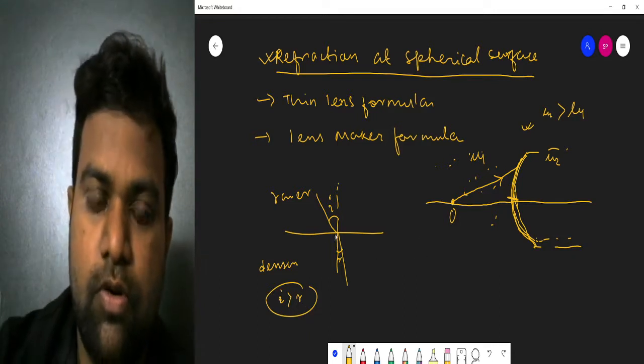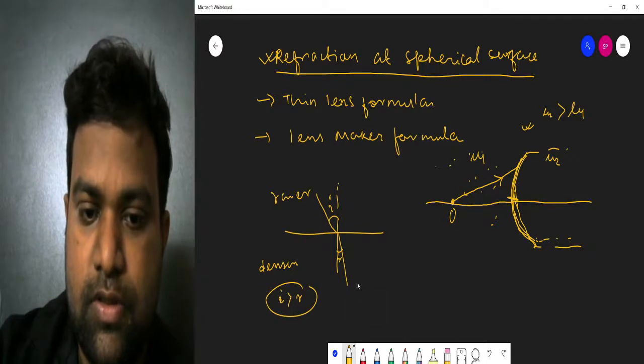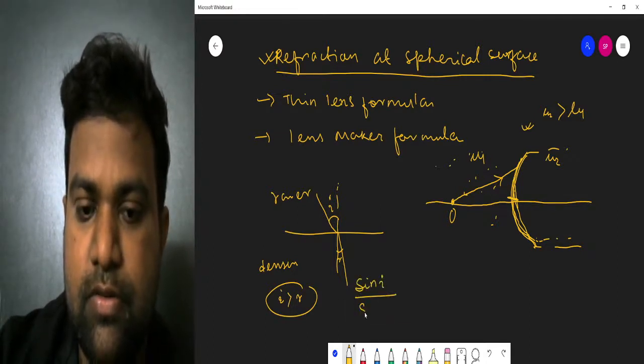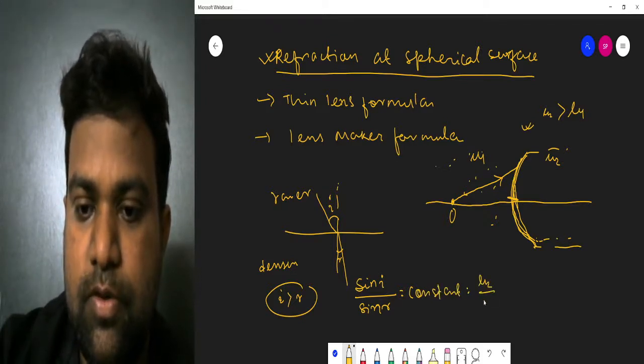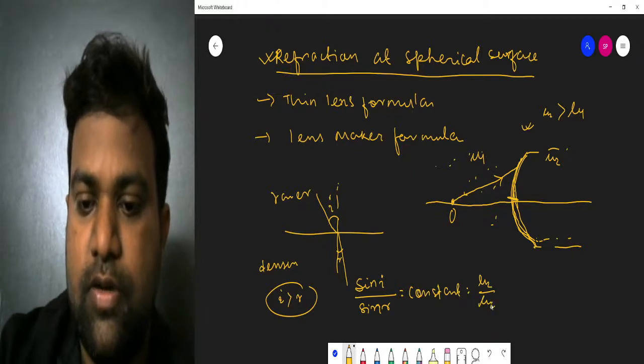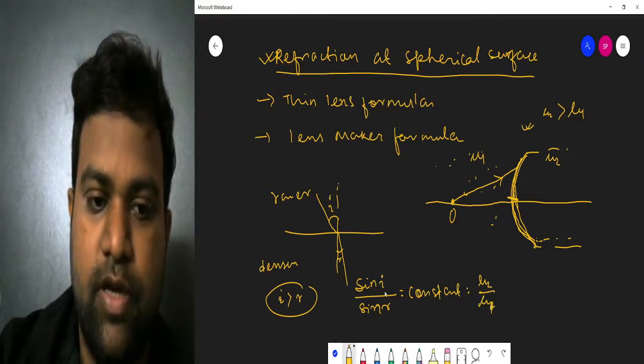And one more law we also know, from Snell's law, sin I upon sin R is a constant, which is mu2 by mu1, generally we write refractive index of 2 by refractive index of 1.